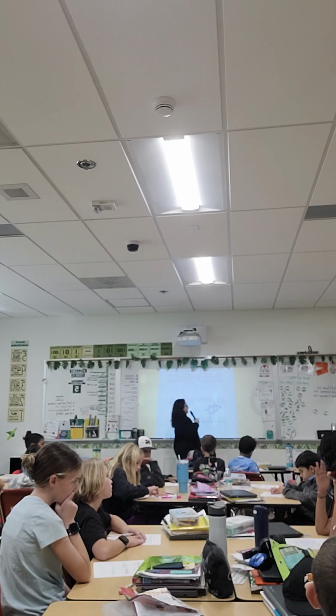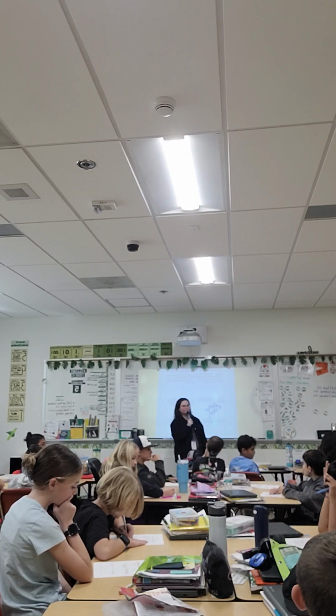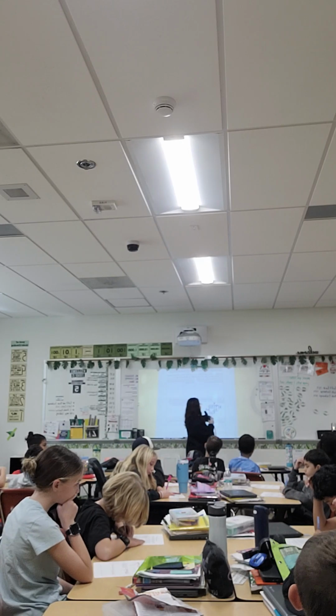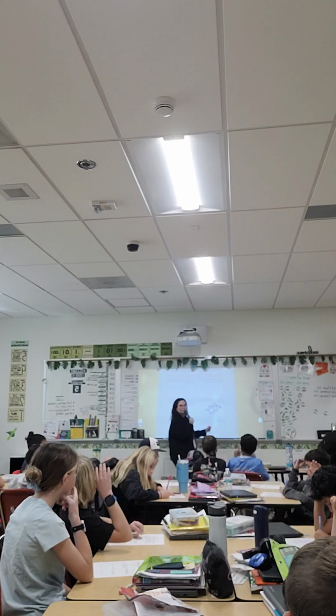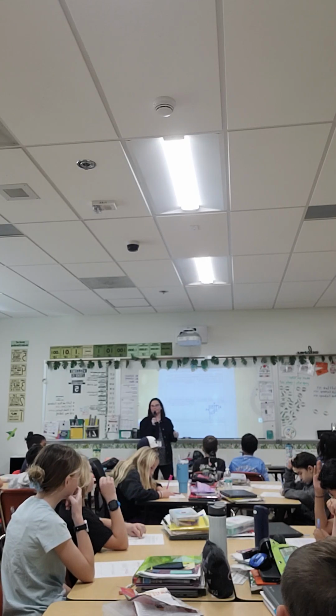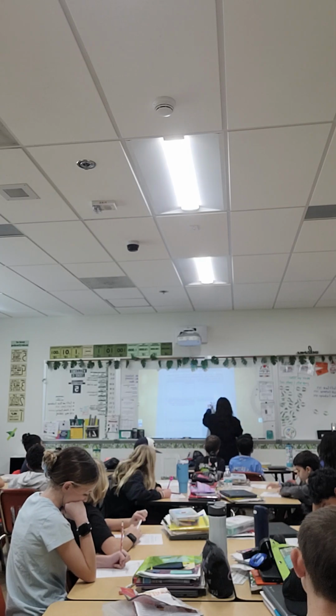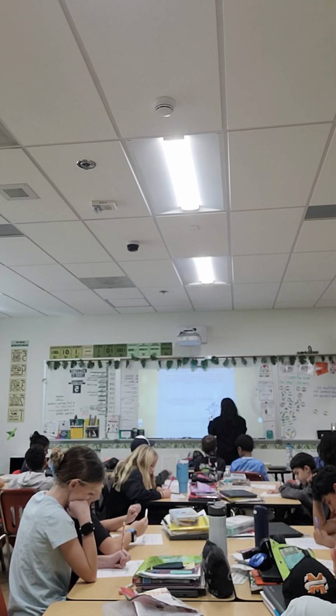8 in 2 groups, so 16. What would get us closer to this 52 here? Liam? 6 times 8 is 48. Right. 6 times 8 is 48.